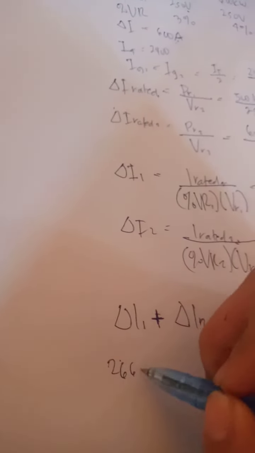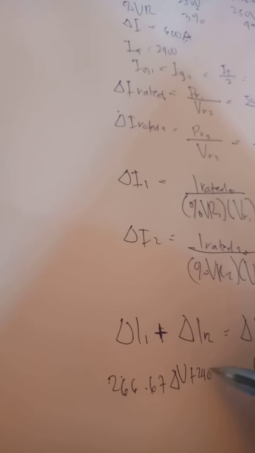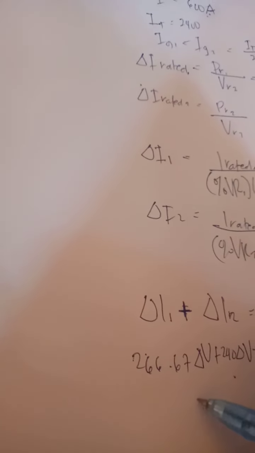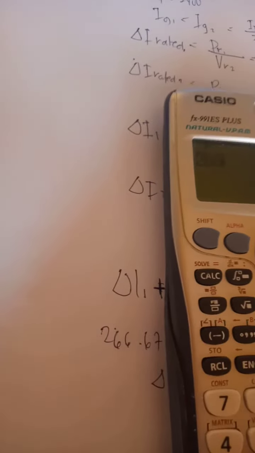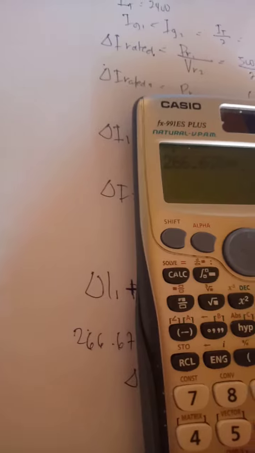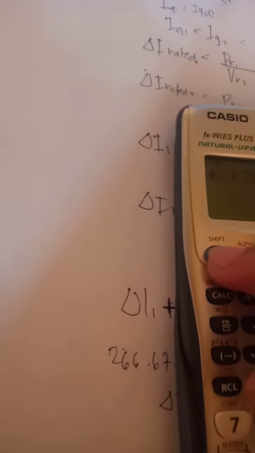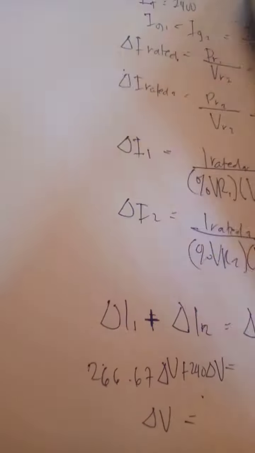Now delta I1 is 266.67 delta V plus 240 delta V. We solve that. We have delta V: 266.67 delta V plus 240 delta V equals 600. So delta V is 1.184.